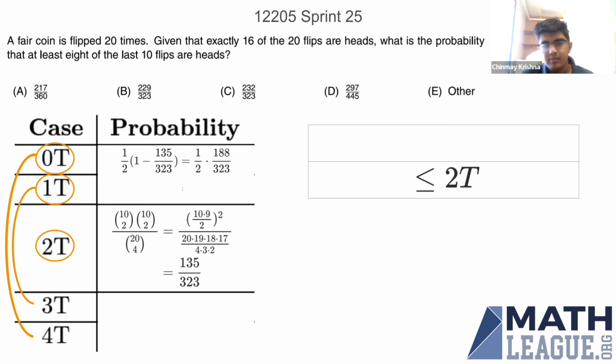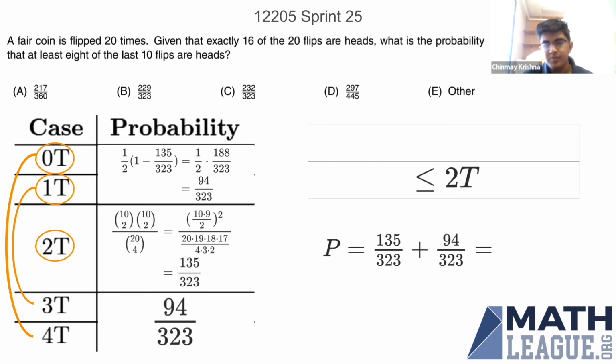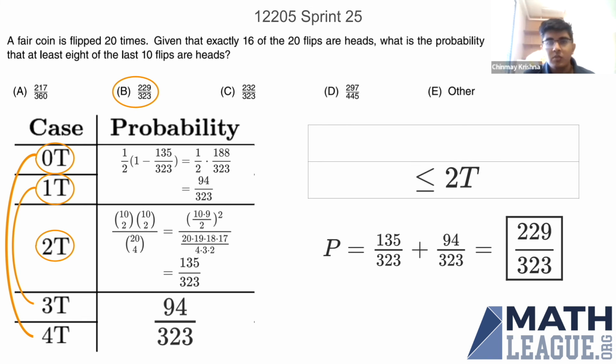And then out of that, half of it would be that there's more than 8, which is 94 out of 323. So we got the probability for exactly 8 here, and the probability for 9 or 10 here. And so when we add those two together, we get 229 over 323, and our answer would be B.